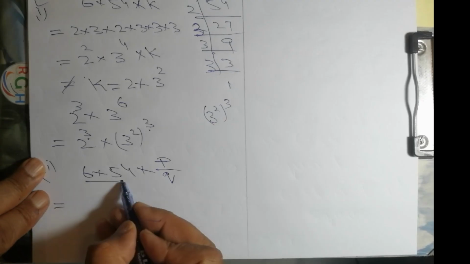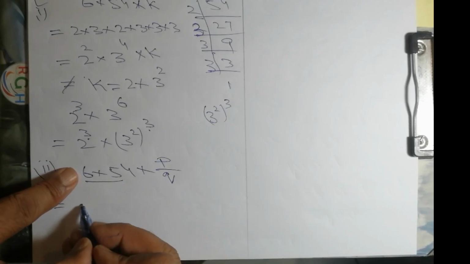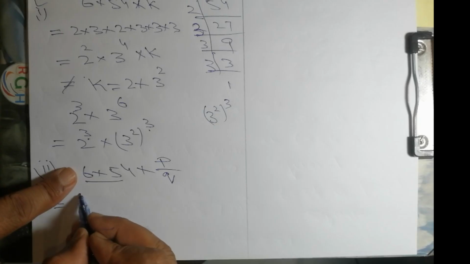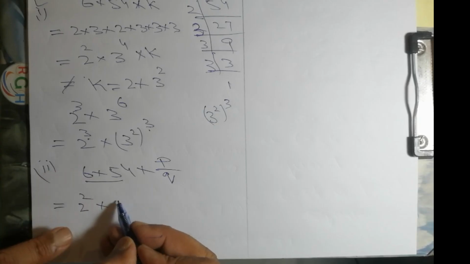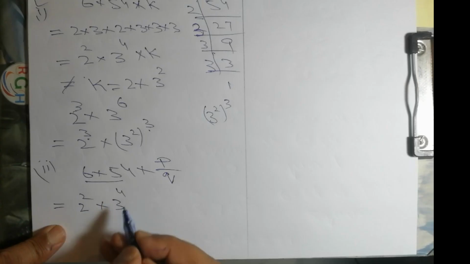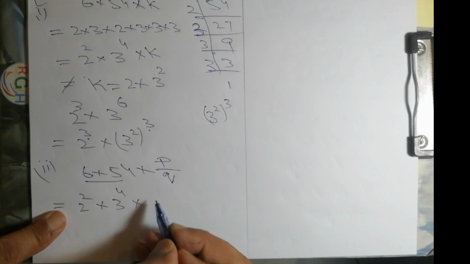As we already factorized this, this is 2 raised to power 2, and this is 3 raised to power 4, and this is p by q.